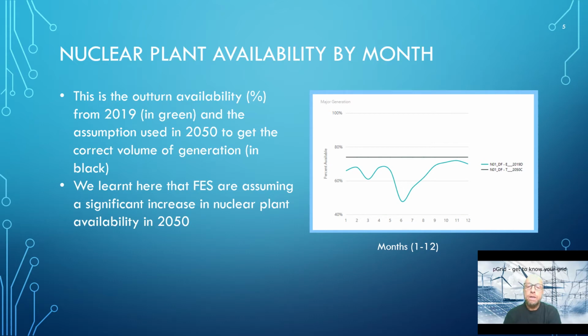The 2019 curve is what Elexon actually told us nuclear was in 2019. So that's what the nuclear fleet in the UK did in 2019. So a couple of things. One, should we have a shape to availability for nuclear? Maybe we should. And the FES team have clearly assumed that the nuclear fleet is going to be far more available in the future than it is today. So we've learned something from pGrid about what they're thinking.